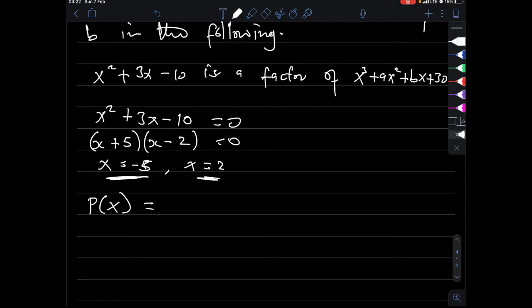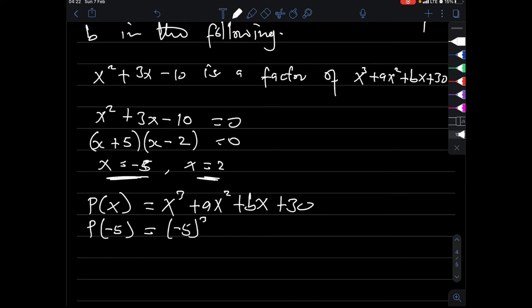So let's say that polynomial is p of x. So we have p of x is equal to x cubed plus ax squared plus bx plus 30. Let's start with the first case. We want to argue that p of negative 5 should be equal to 0. So let's put negative 5 in each case. Negative 5 cubed, negative 5 squared, negative 5 plus 30 equals 0 because it's a factor.